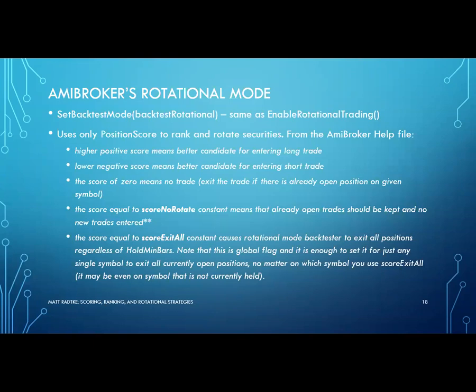For both of these, it's important to note that if any symbol has their position score set to one of those values, it affects the entire rotation. So it doesn't just have to be a symbol that currently has an open position. If some random symbol within your S&P 500 has the position score scoreExitAll, it doesn't matter what anybody else's position score is set to, AmiBroker is going to exit all your positions. And that's what the two asterisks are for on the second to last bullet point, and that's explained in the very last bullet point.